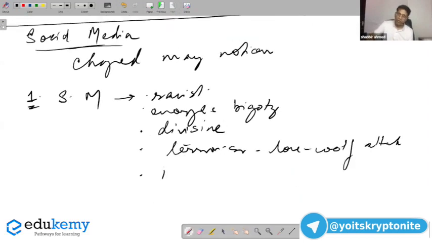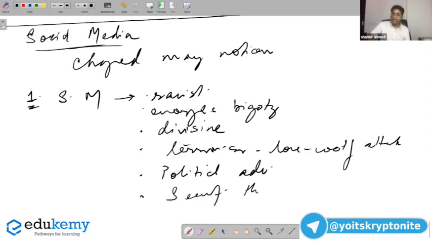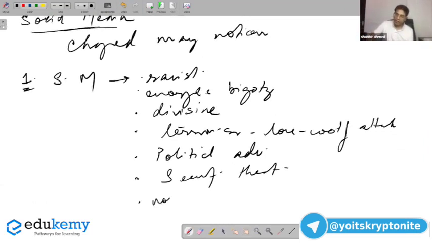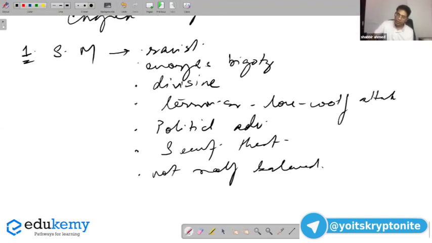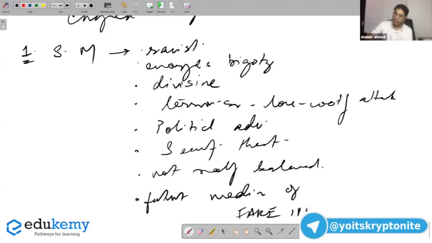Social media has been used for political advertising, and it is also a security threat. Social media is not really balanced. It is one of the fastest mediums of fake information and fake news.